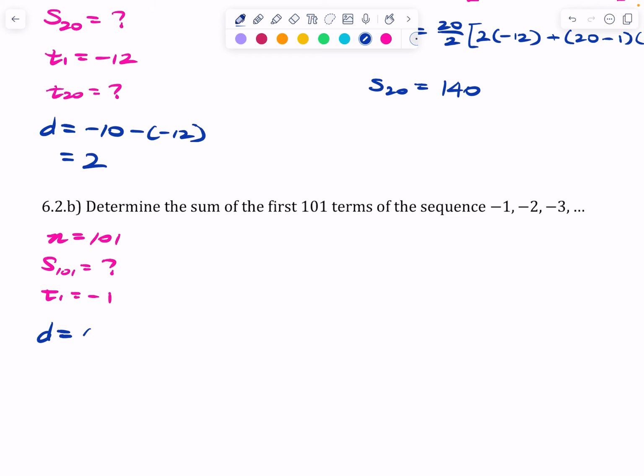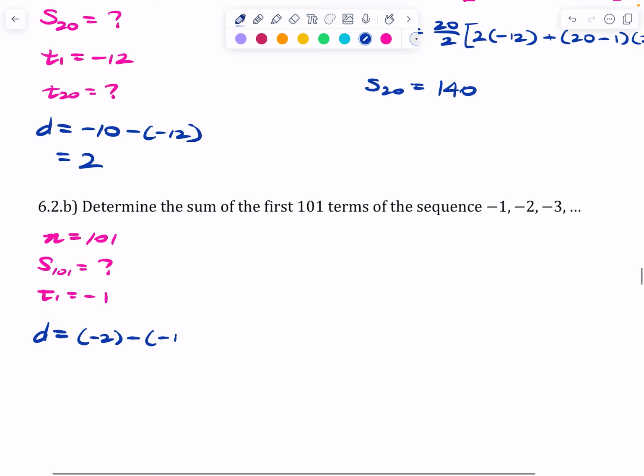The difference is any term minus the term before it. Negative 2 minus negative 1 is negative 1. And if you don't believe me, use your calculator, because once again, this is a calculator unit.